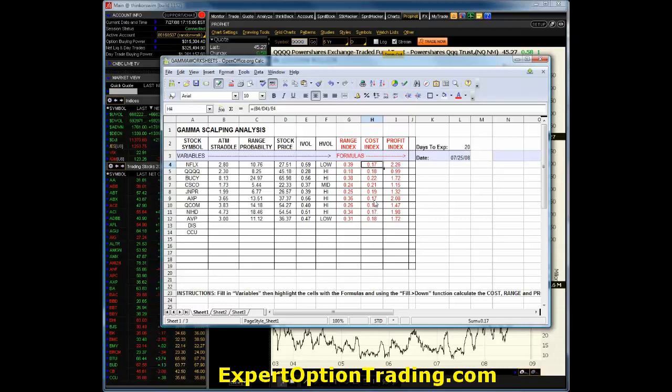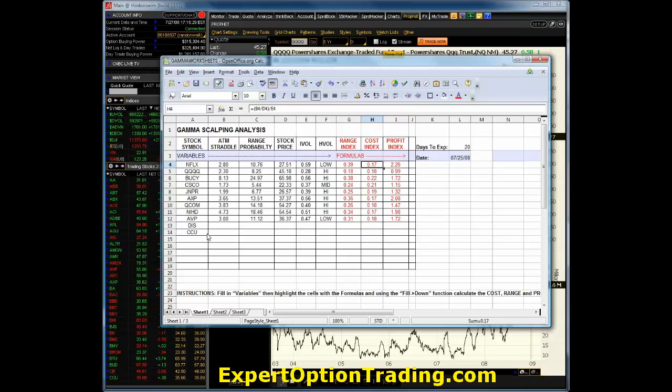If we go down, there's a couple other issues that are also extremely low cost. For example, American Express and NAIHD, which we've already done an analysis on in this spreadsheet. But I want to take a look at a couple of other issues. We're going to take a look at Disney. We're going to take a look at Clear Channel Communications.